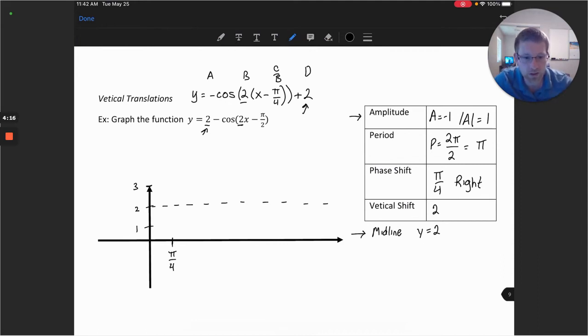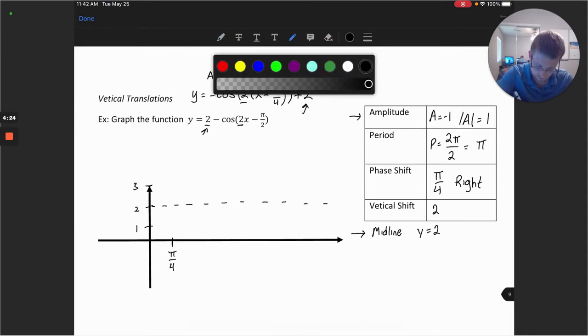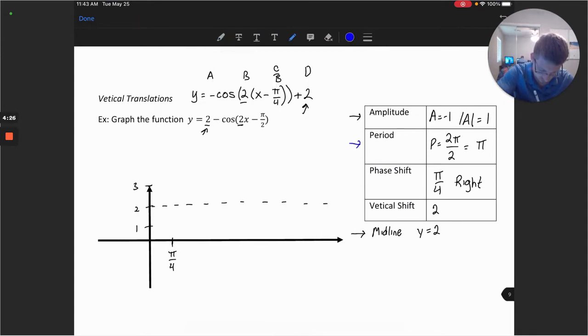All right, the second thing we needed to think about is the phase shift and the period. Those go together when we're looking at that graph. We already have our phase shift, pi over 4. And so I want to be able to make a full cycle of cosine in pi units. So I'm going to list out some more points here. I'll go 2 pi over 4, 3 pi over 4. Next one will be just pi.